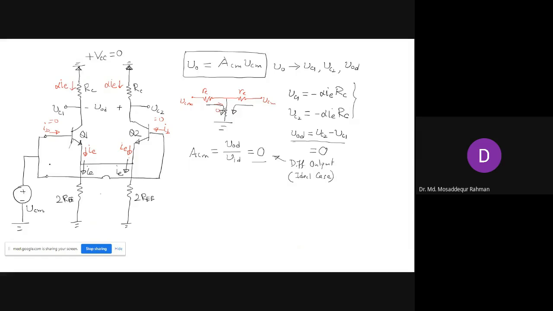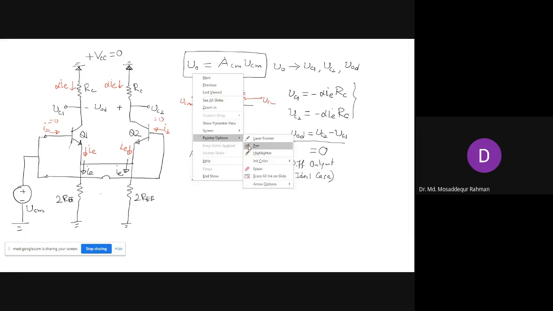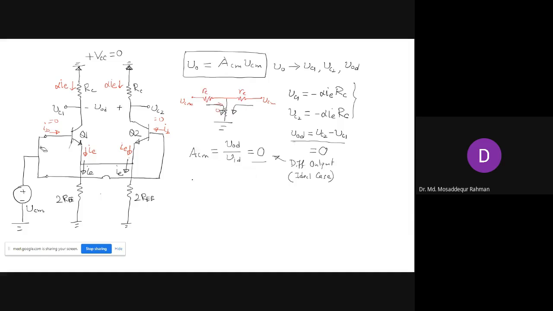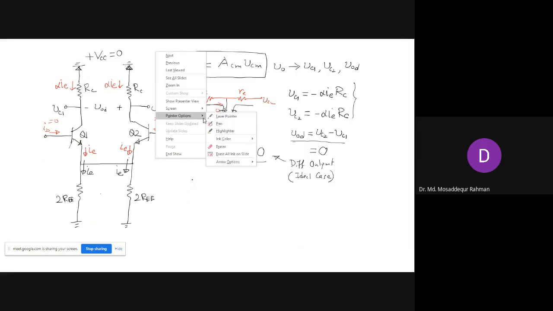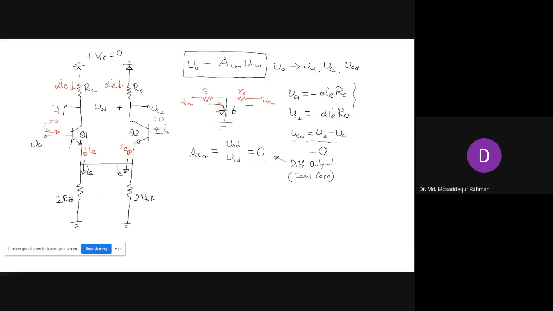Now look at this circuit here. The input VCM we can show like this instead of here. So we have VCM here, common mode voltage, another VCM at this end, common mode voltage, right?